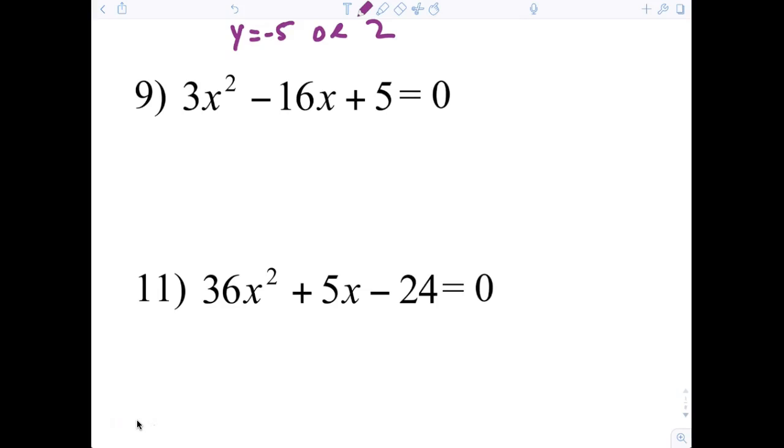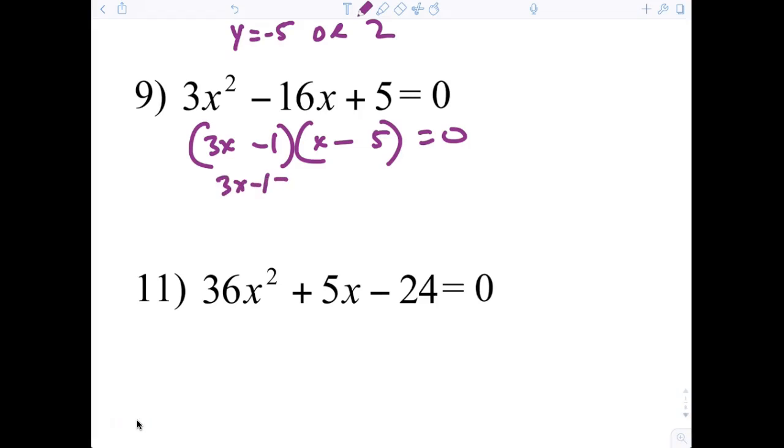Here we go. So I have (3x - 1)(x - 5). I think everybody had that. Now you set them equal to 0. 3x minus 1 equals 0, x minus 5 equals 0. So x is equal to 1/3 or 5. Very nice.